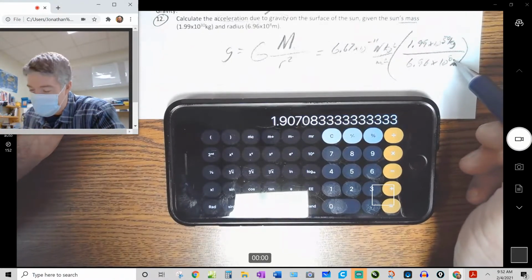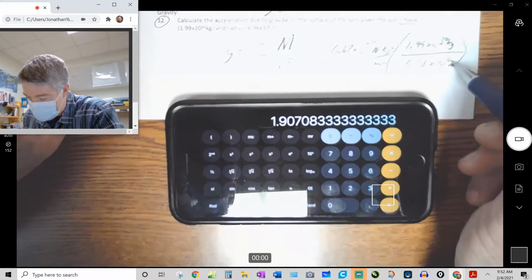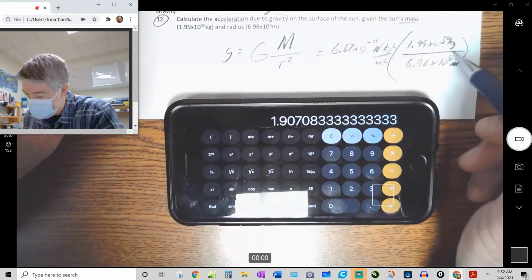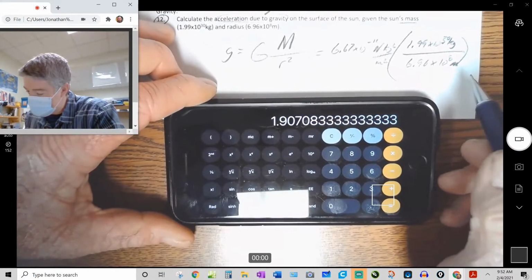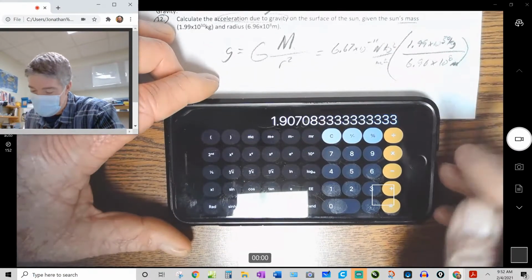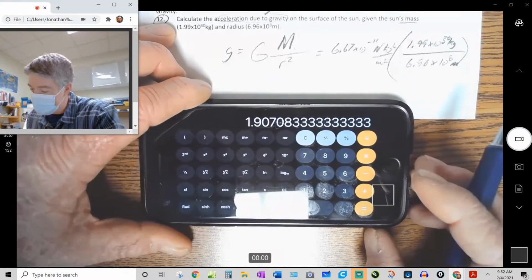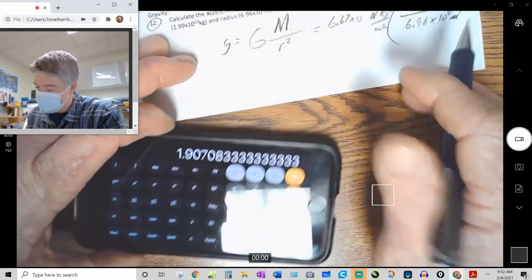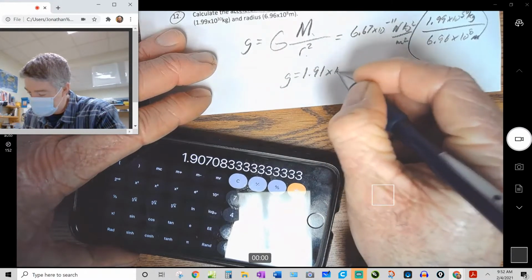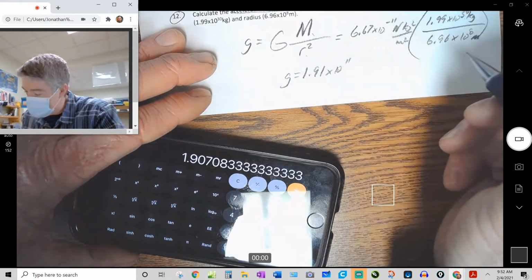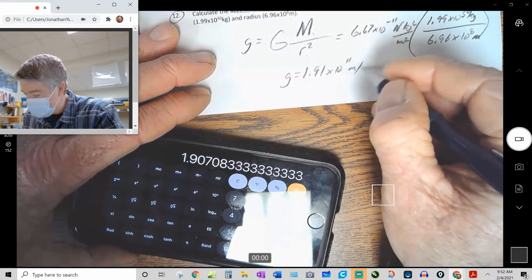And then dividing by 10 to the 8th means I subtract another 8. So 19 minus 8 is 11. So this should be 1.91 times 10 to the 11th. And the units are going to be meters per second squared.